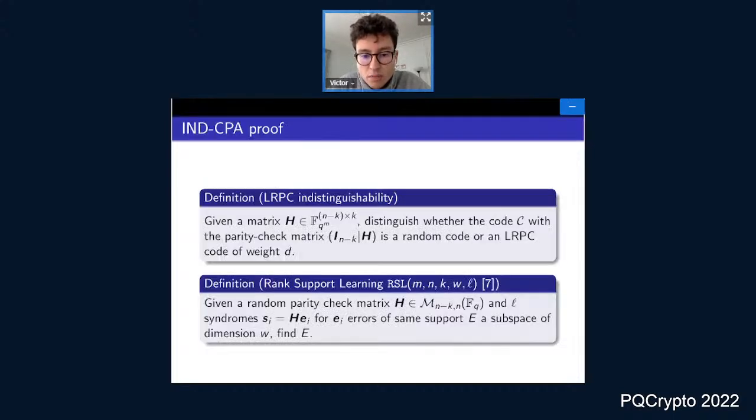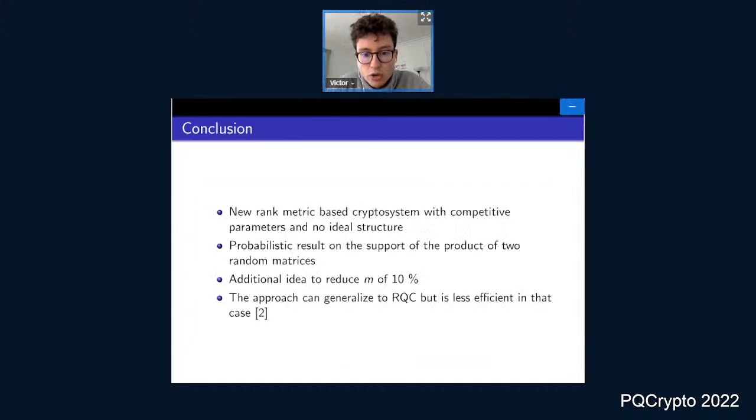And the second difficult problem is the rank support learning problem, which was introduced 5 years ago, which is a variant of the syndrome decoding problem in rank metric, with several syndromes of the same support. So to conclude, we presented a new rank metric crypto system with competitive parameters and no ideal structure, which is an additional guarantee of security.